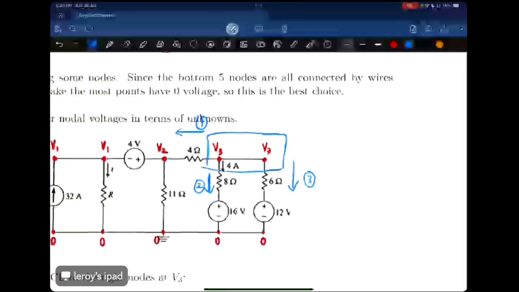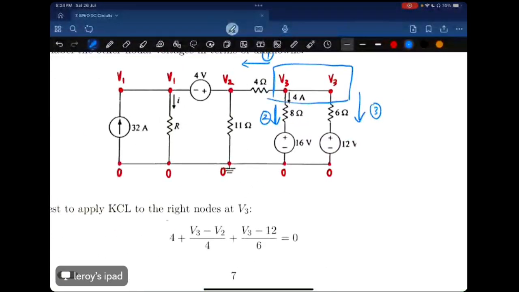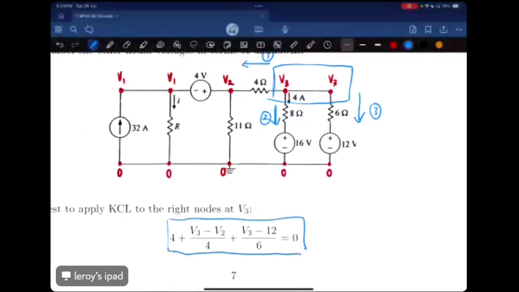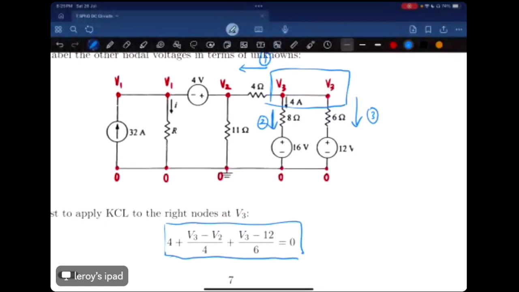That's what we did here. You can see that this 4 amps is given to us. For the other two currents, we take the potential of the node we are considering minus the potential of the adjacent node, divided by the resistance between them. And this point is potential 12, just to make things clearer.